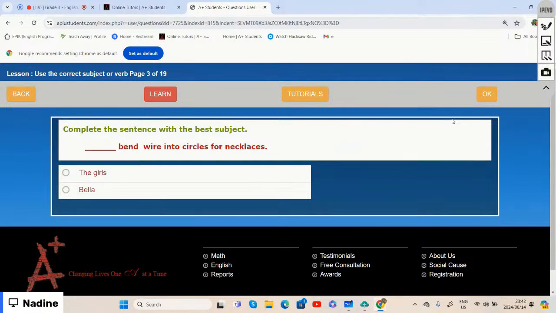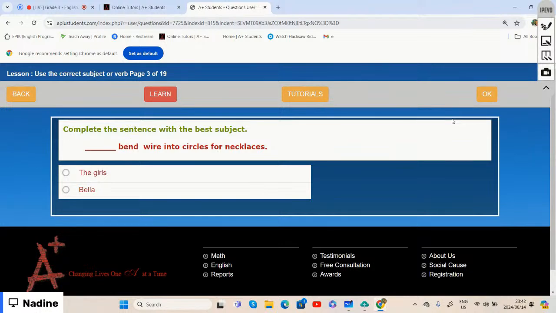Do we say the girls bend wire into circles for necklaces? All right.